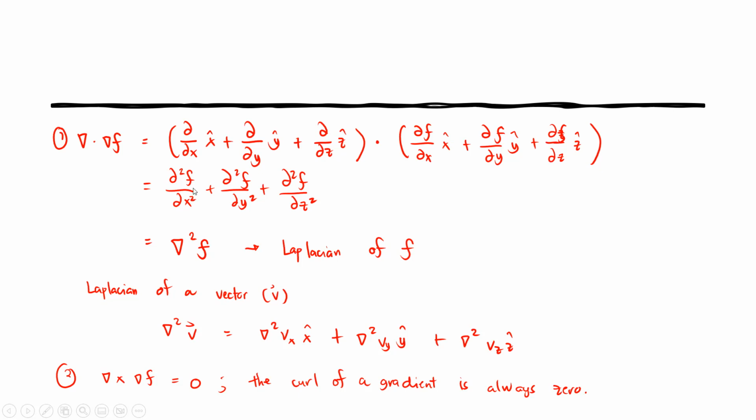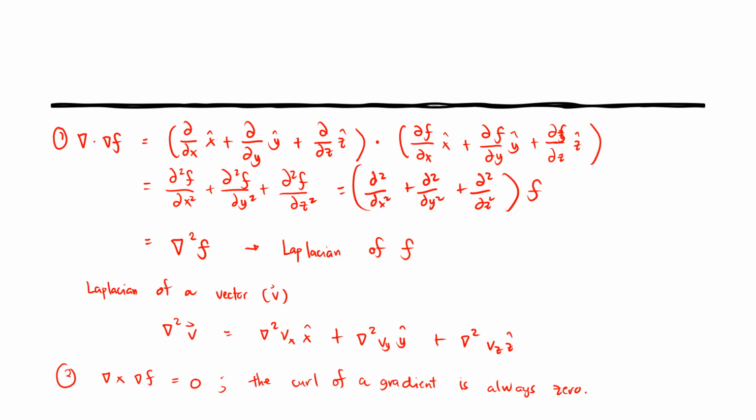So we can actually take out the function f, multiplied by the scalar function, and this one is actually the square of the del operator.